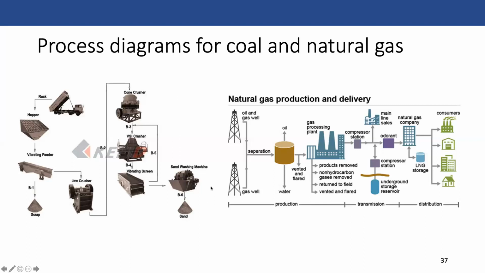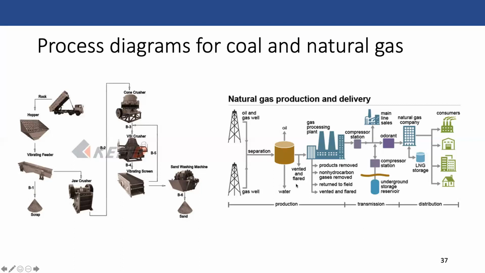So that's all of this stuff. It's going through these various filters and crushers to make sure you are at the coarseness that you want for combusting the fuel. Natural gas is pretty straightforward. Once you get it out of the well, it gets refined and separated into oil, water, and other stuff.